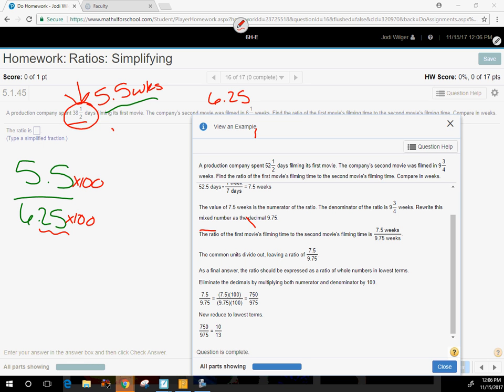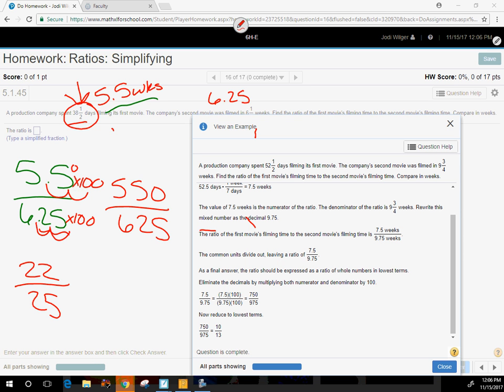I have to bump this twice, 1, 2, so I have to go 1, 2 up here. So now I have 550 over 625, or since they are multiples of 25, if you think of this as $5.50, how many quarters is that? $5 is 20 quarters, plus that, 22, and then $6 is 24 plus one more, 22 25ths.